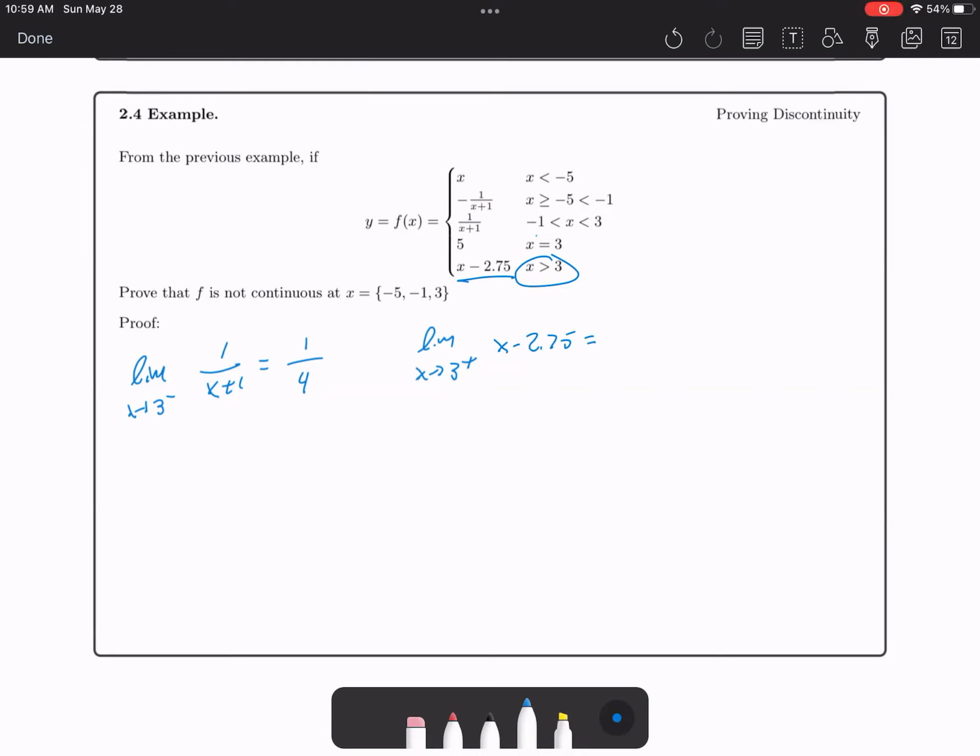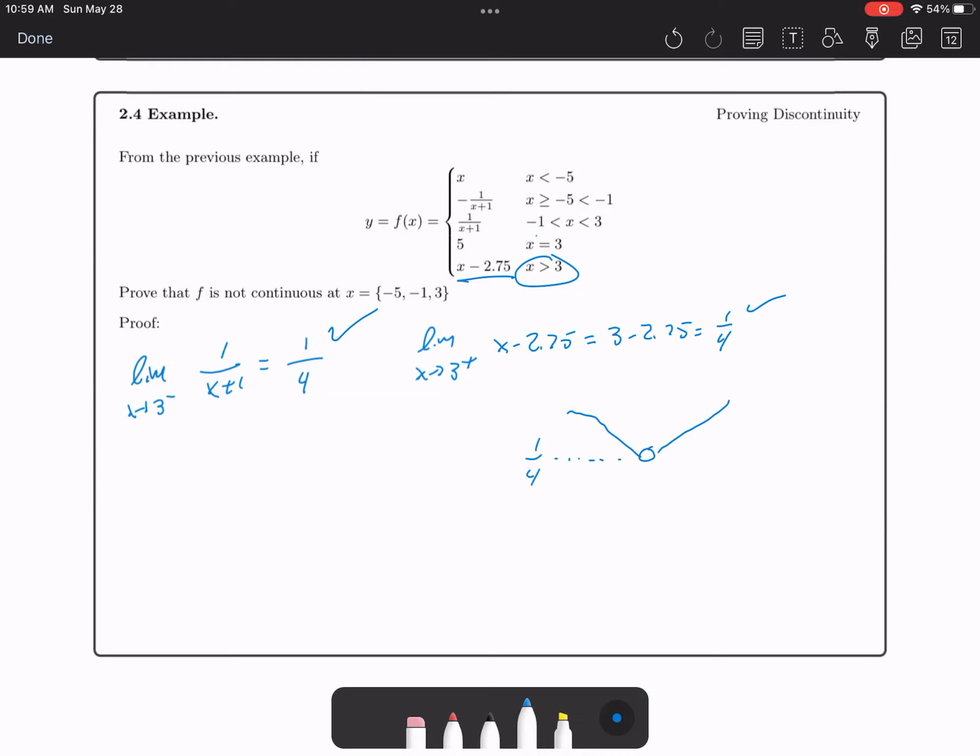Direct substitution, 3 minus 2.75 is 0.25 or 1/4. So the left-hand and the right-hand side give you the same limit. They approach the same value. So really we have this situation going on where that y value is 1/4.